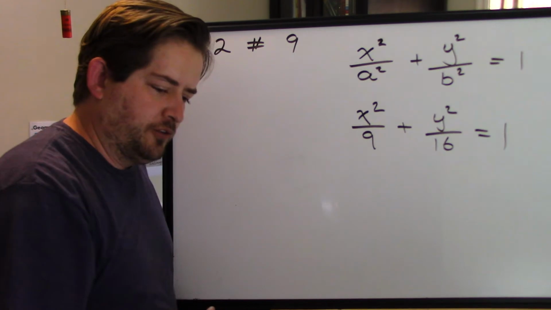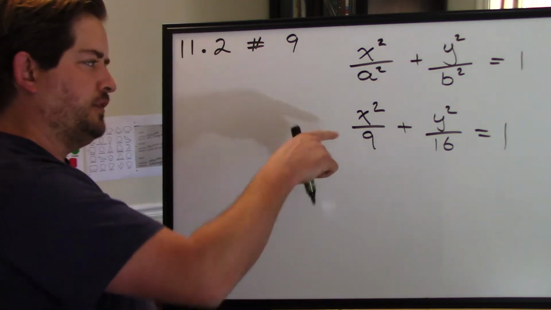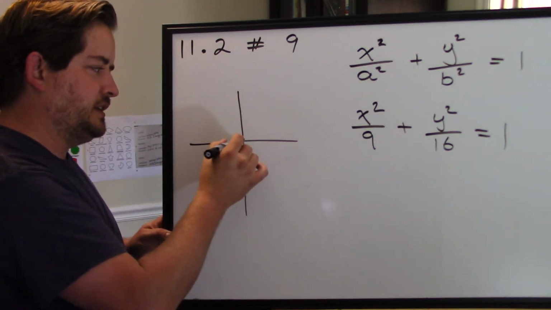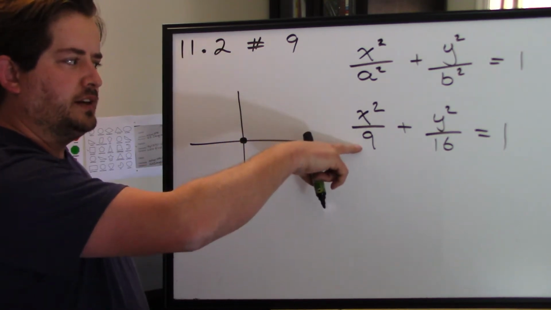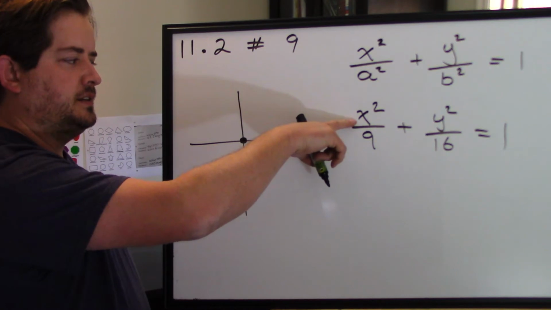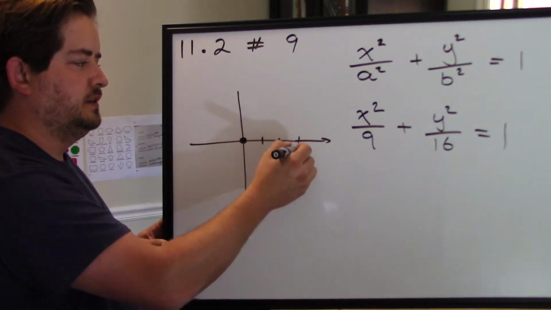In 11.2, we haven't shifted anything yet, so we're centered at 0. I'm centered at 0, but a is 3 because a squared is 9. And a, being under x, tells you how far left and right you go in the x direction.